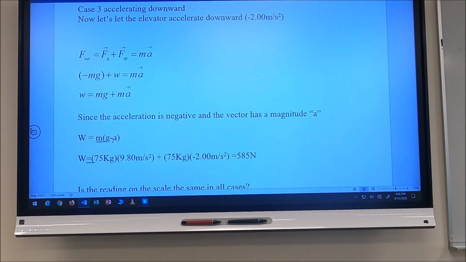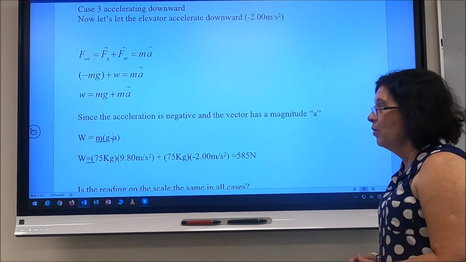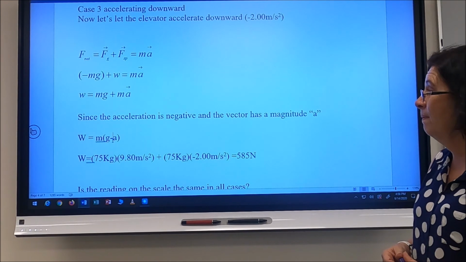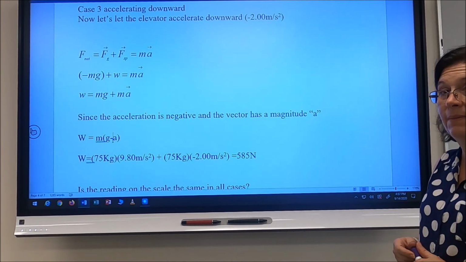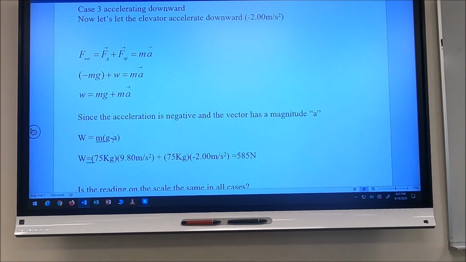So if we took this to the ultimate extreme, what if our acceleration downward was 9.80 meters per second squared? What would the weight be? It would be 0. Okay? So if something is falling with an acceleration due to gravity, the weight is 0.